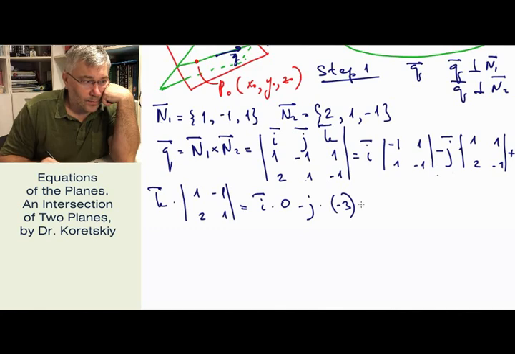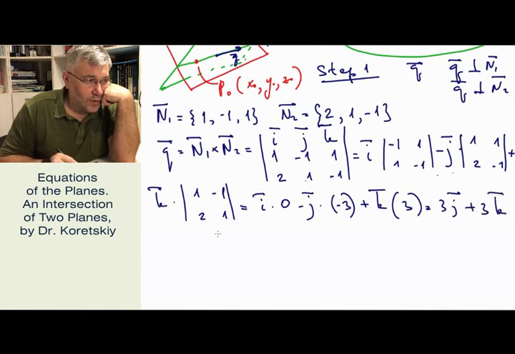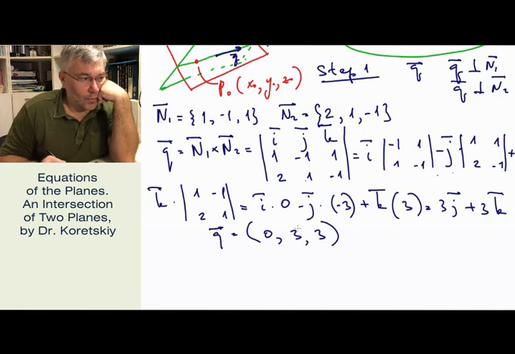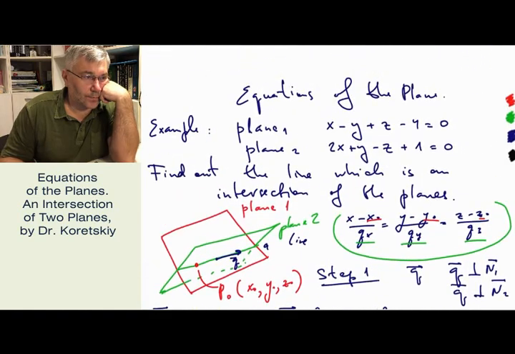And k times 1 plus 2, which is 3. I always forget to put the bar on i, j, and k. So it's 0i plus 3j plus 3k. It means that vector q has components (0, 3, 3). It is better to use parentheses here.